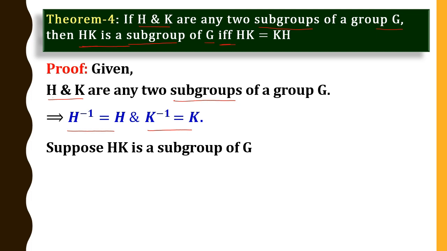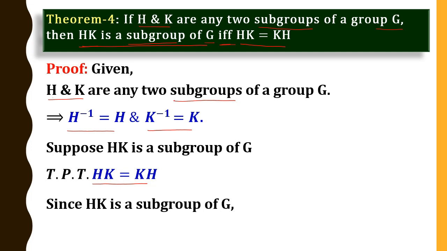So this is the case we shall consider. So we have to assume HK is a subgroup of G and have to prove that HK is equal to KH. And what is the converse part? We have to assume HK is equal to KH and we have to prove HK is a subgroup of G. So first case we shall consider, suppose HK is a subgroup of G. And our aim is to prove that HK is equal to KH.